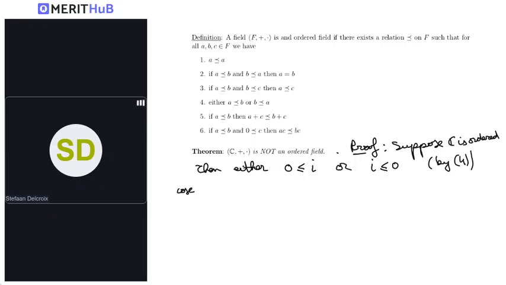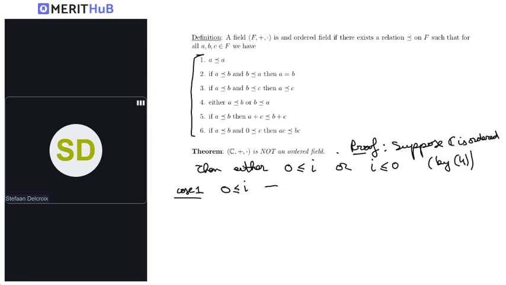So case one, what if you think, hey, I ordered the complex numbers and my i turns out to be positive? Okay, let's see. I'm going to use all these properties to come up with a contradiction. I immediately have a positive number, so I can multiply both sides of an inequality by a positive number.